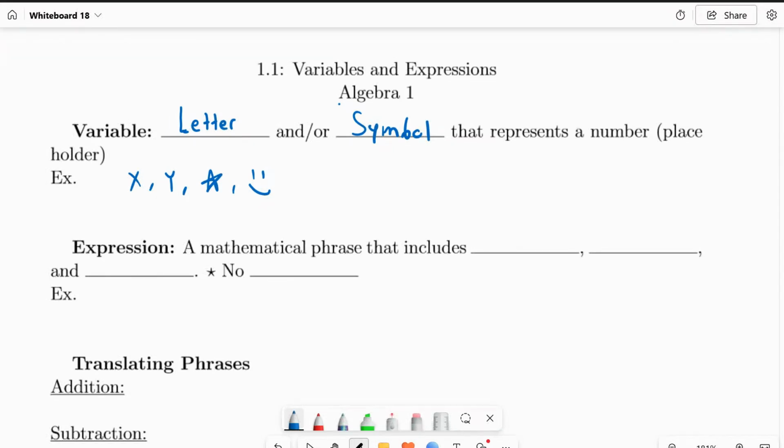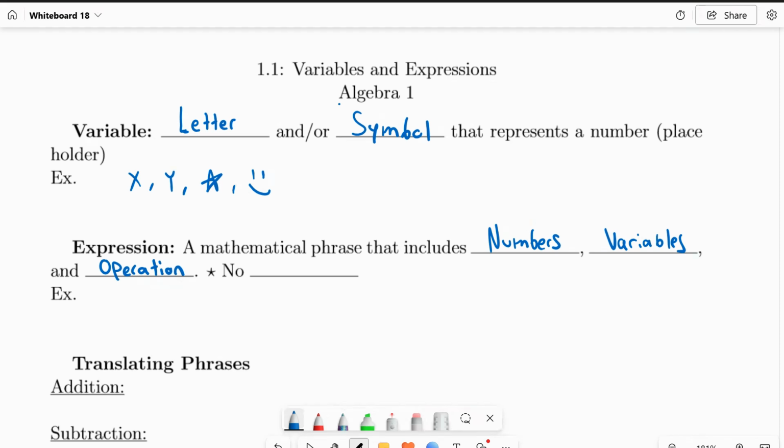An expression is a mathematical phrase that includes numbers, variables, and operations, which is your addition, subtraction, multiplication, or division.